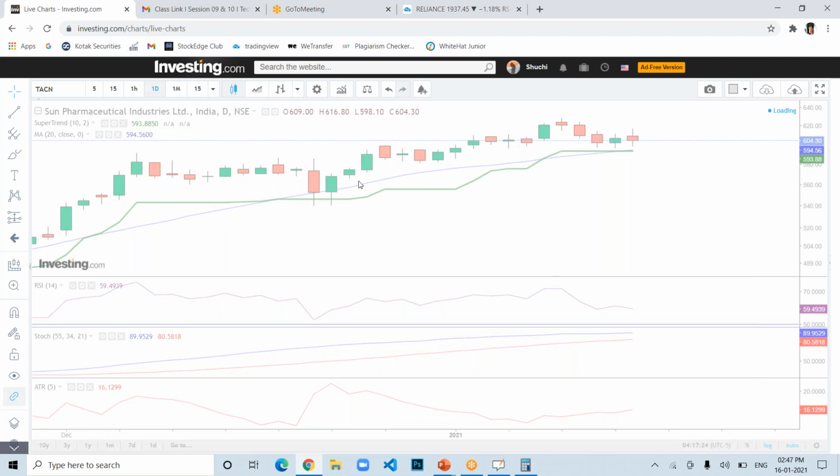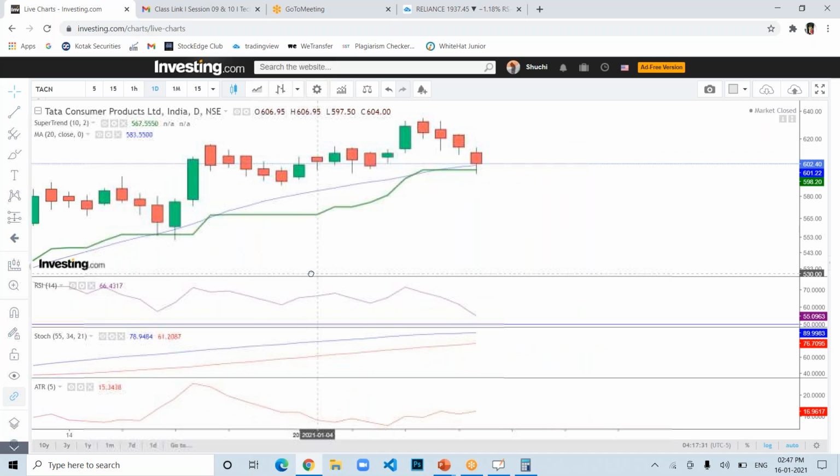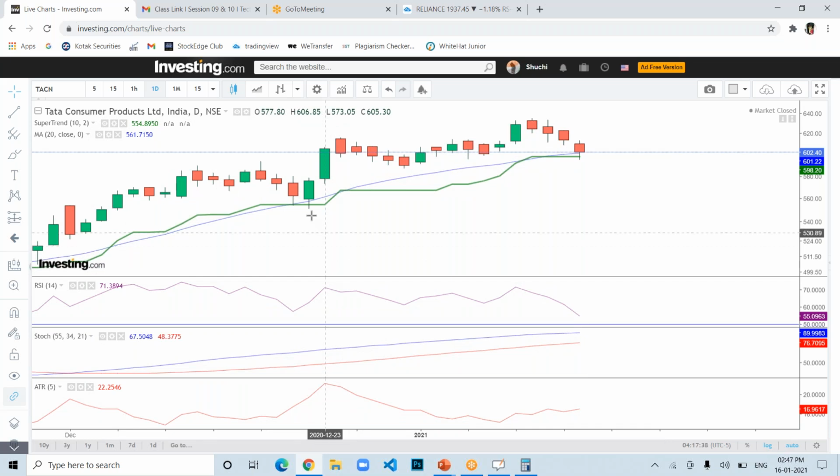Now, yeah, look here. Tata Consumer. Can you see this particular candle? Yeah. So in Tata Consumer, RSI is above 50.